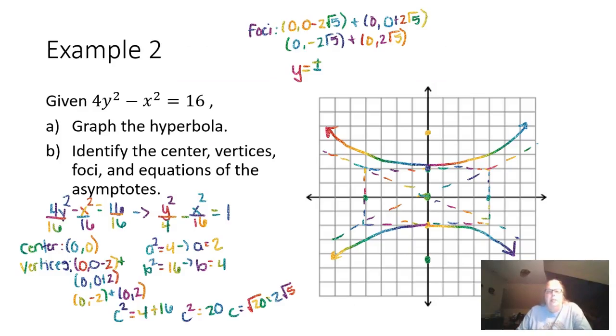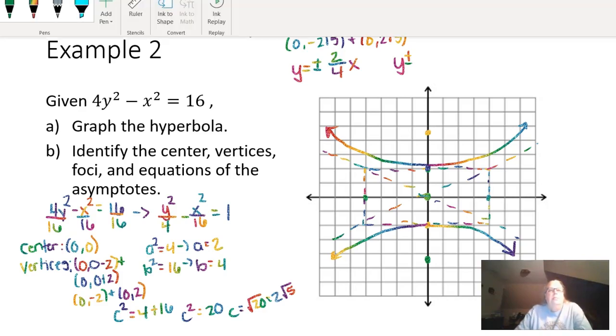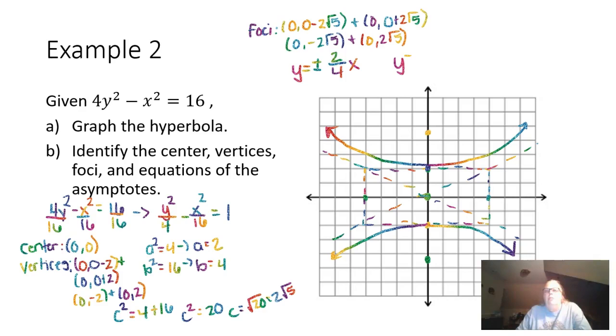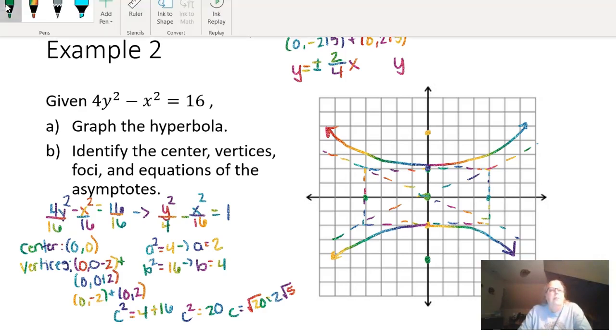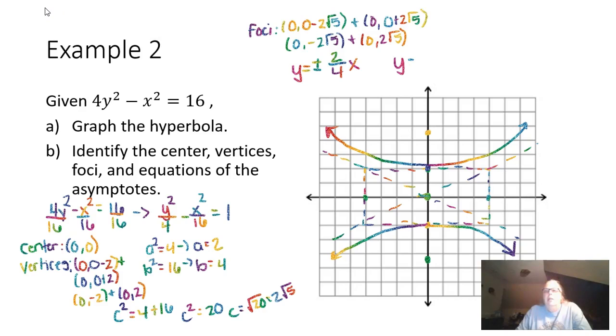So in this case, we'll have plus or minus, we said a was 2, b was 4 times x. Well, that reduces, right? Plus or minus, whoops, messed that up, sorry. There should be equals right there. y equals plus or minus 1/2 times x. And these are the asymptotes.